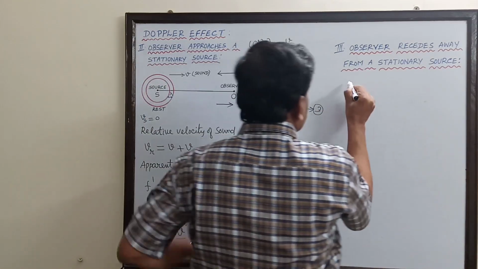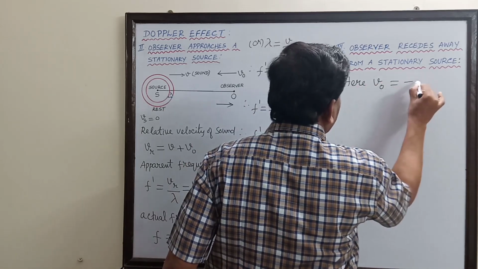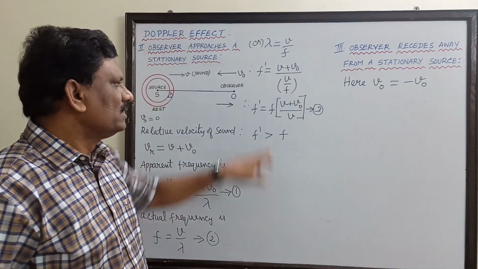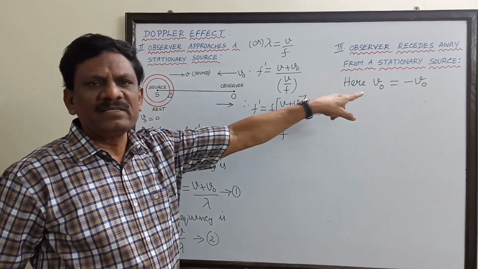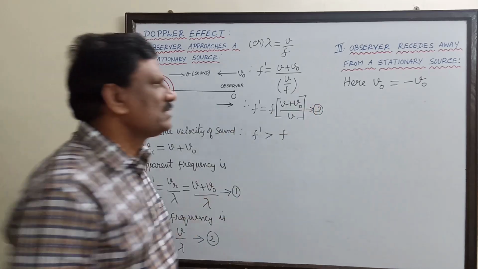So in this case, V observer is negative. So it has to be substituted as what? Minus VO. So in equation number 3, instead of VO, minus VO we have to substitute because he is now moving away from the source.